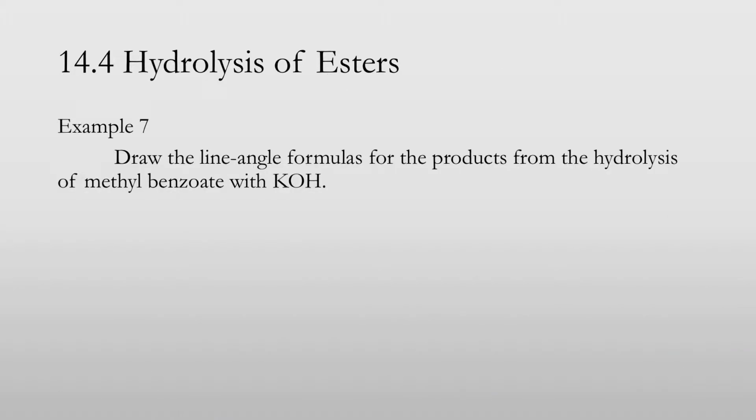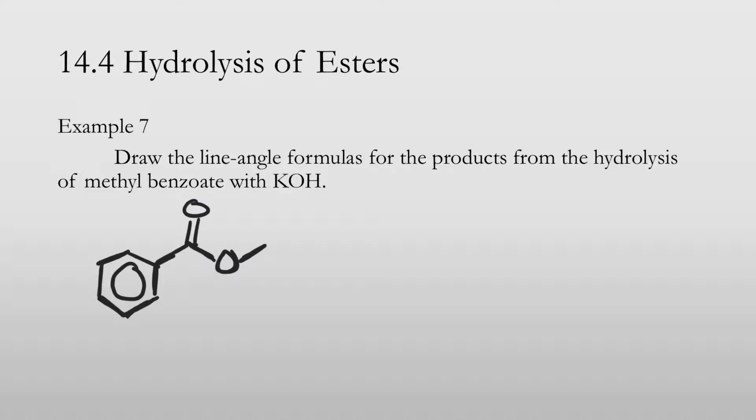So example 7, draw the line angle formulas for the products from the hydrolysis of methyl benzoate with potassium hydroxide. So benzoate is going to look like this. And it's methyl, so we just have one right there.